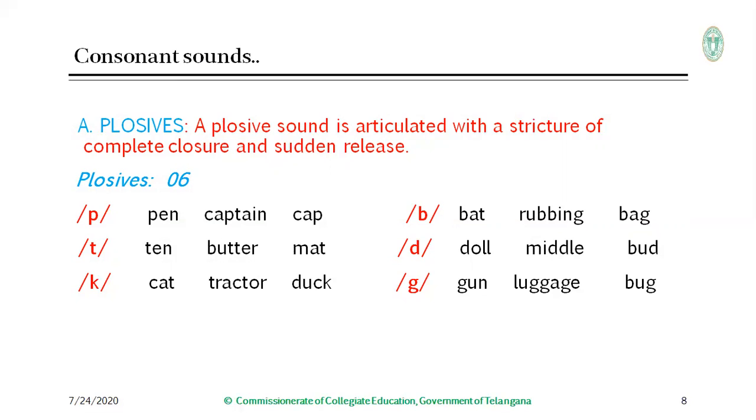In the same way, ba, bat, rubbing, bag, doll, middle, bird, gun, luggage, bug. These are all called plosives. Plosives are produced with a stricture of complete closure and sudden release of air. This is about plosives.